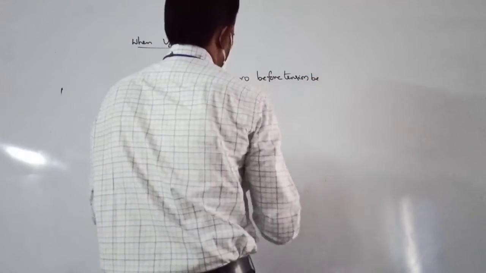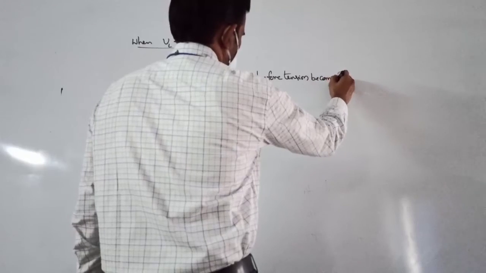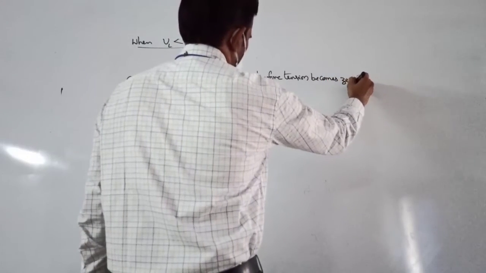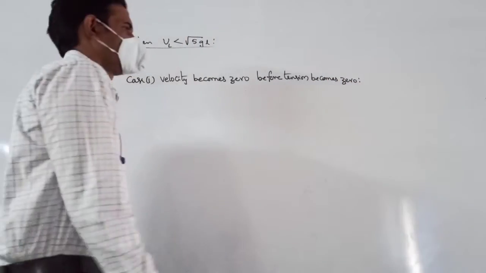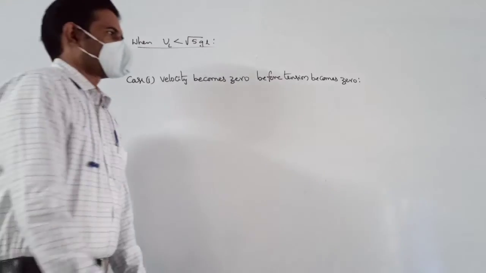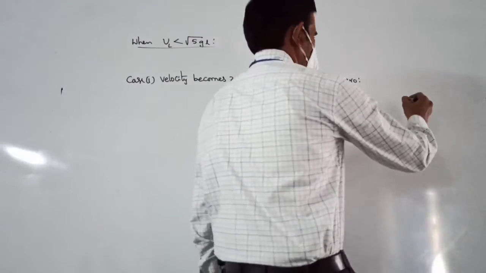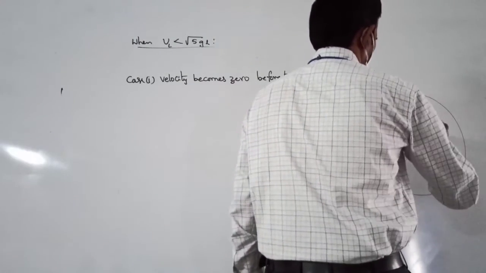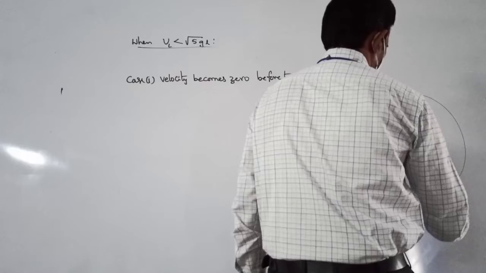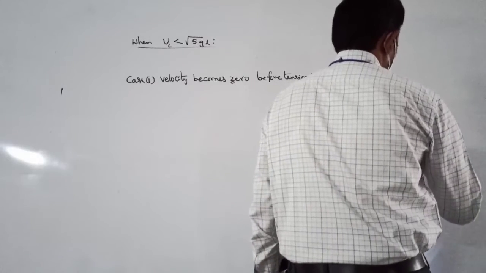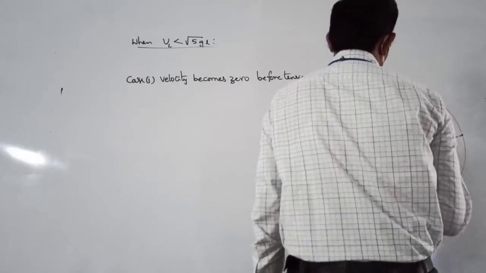Now you can also express this as follows. Suppose you are giving some velocity such that the body just reaches this horizontal position. We are giving a certain minimum velocity here such that it just reaches the horizontal position.